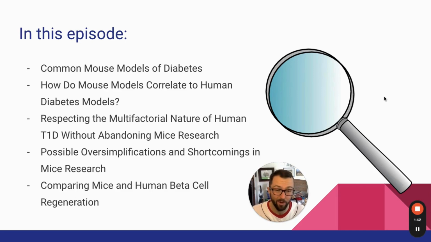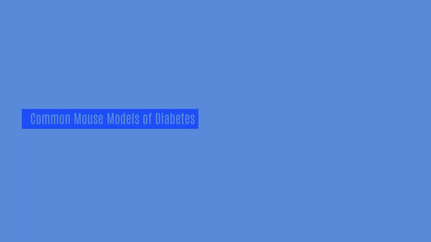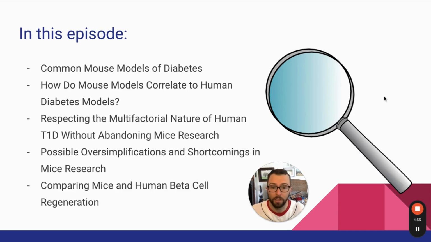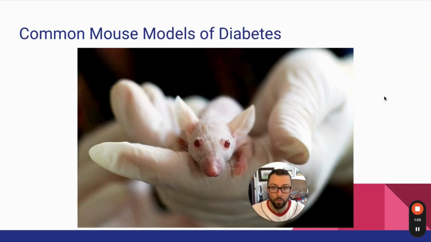Let's go ahead and get started with the first one, which is incredibly important from both a mouse and a human perspective, because we really need to know what's happening in the scientific realm of diabetes research.